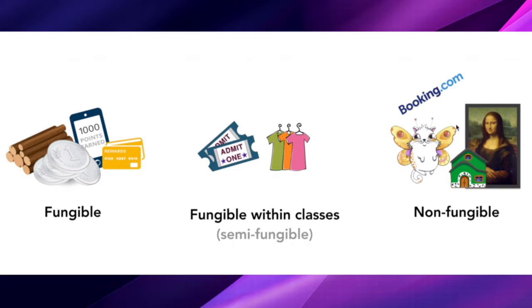Non-fungible things, as you see, are something unique, like the Mona Lisa painting, that is quite unique. Your house can be absolutely non-fungible. This is a unique thing that can be valued differently depending on its condition, value, and district position or whatever.